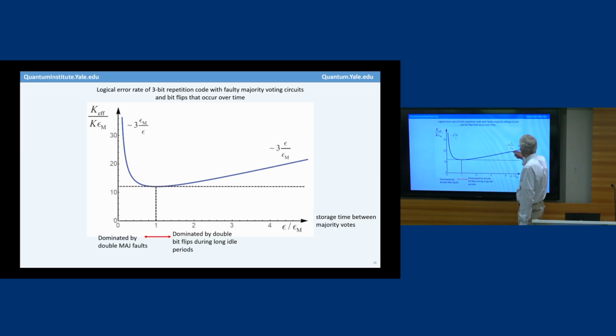If you wait for long times, the error rate goes up because you're dominated by bit flips occurring in between the error checks. And there's an optimum where the probability of a physical error and the probability of a majority voting error are about equal. Okay?